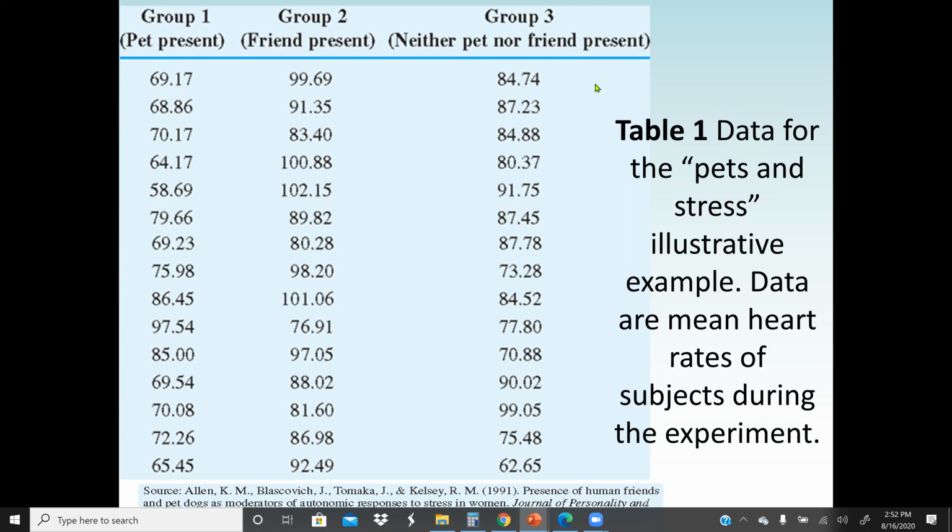Then we have group three when there is no dog and no friend available, and we have their values. Here we want to compare these three groups: which group has less stress based on their BPM measurement.